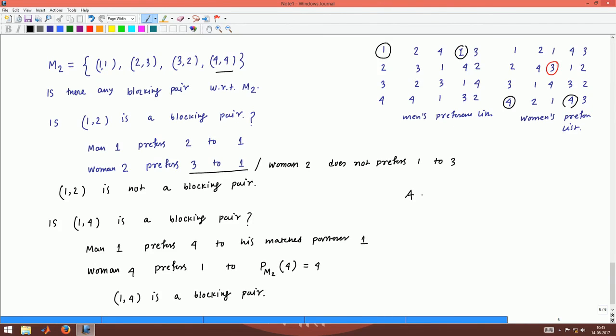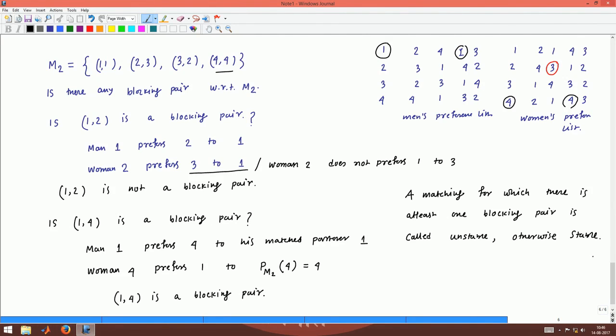A matching for which there is at least one blocking pair is called unstable. Otherwise, stable.